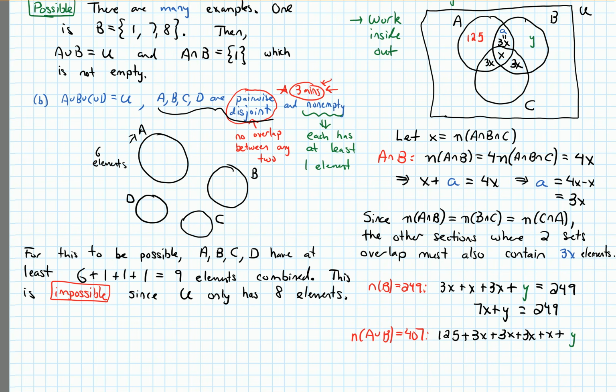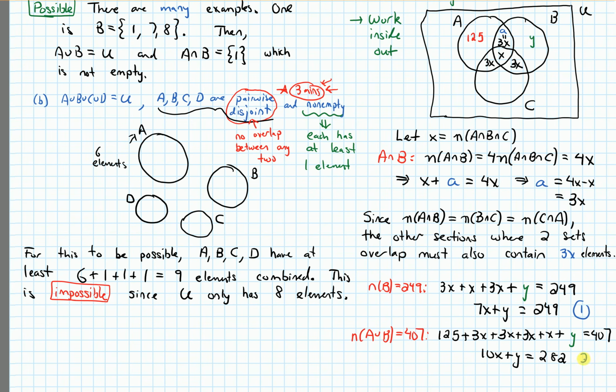So that should be equal to 407, the problem told me. And if I simplify this, 3x plus 3x plus 3x plus x, that is 10x, plus y. And that's going to be equal to 407 minus 125, if we subtract the 125 over, which gives us 282. So at this point, we do have two equations and two variables.